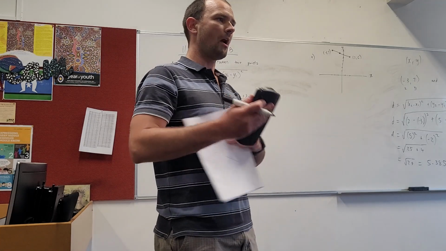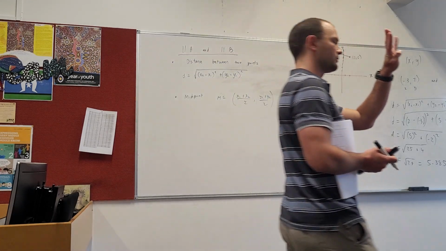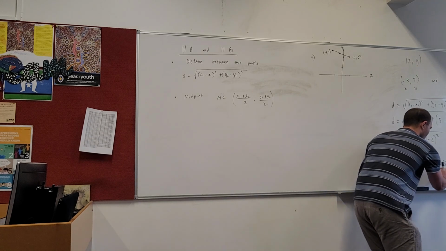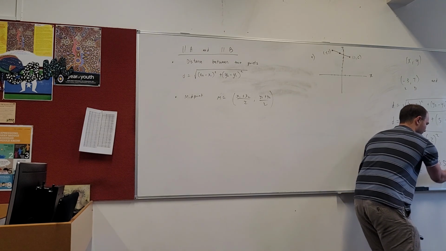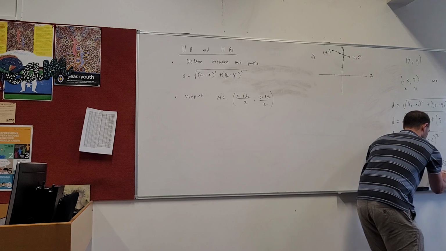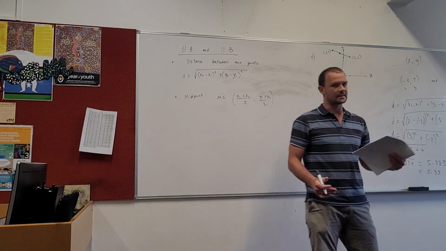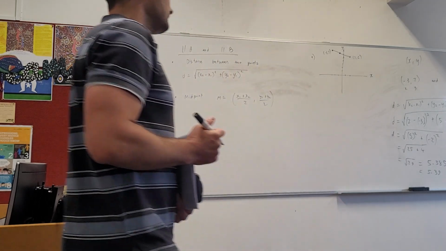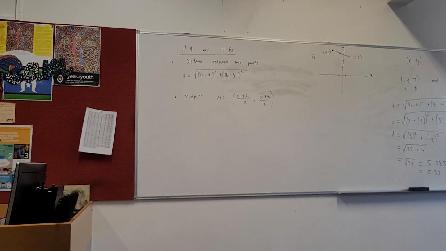I'm always going to write 4 figures and then always round the 4th one. And I'm going to get you guys in the habit of doing it too. So always write 4 numbers and then the last one rounds. 5 rounds up, so it's closest to 5.39. Okay, that's 3 significant figures. Okay, so that's the distance between these 2 points.